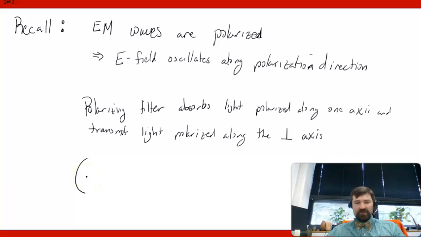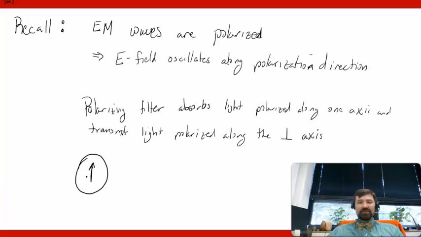Thus, we might represent a polarizing filter by giving the direction along which it transmits light, or giving the axis whose polarization will be transmitted.